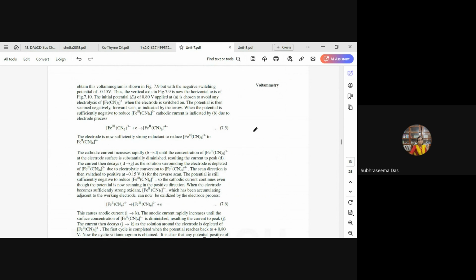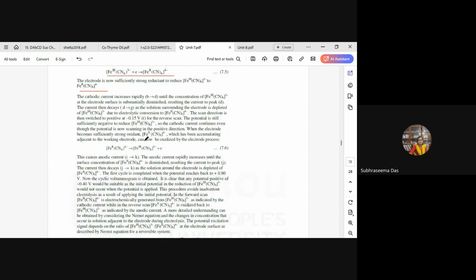When the potential is sufficiently negative to reduce the ferricyanide ion, the cathodic current is due to the electrode process. The cathodic current increases rapidly until the concentration of the ferricyanide ion at the electrode surface is substantially reduced.